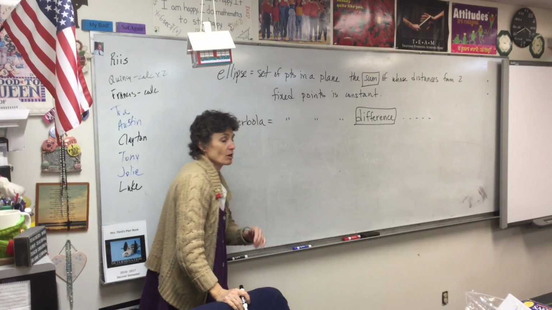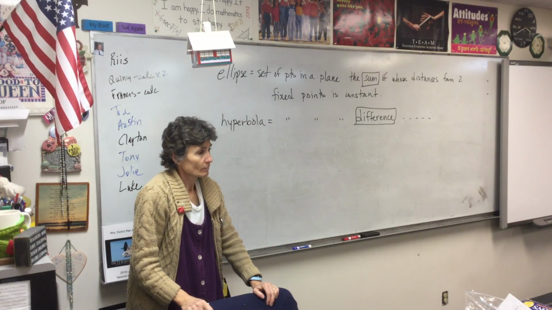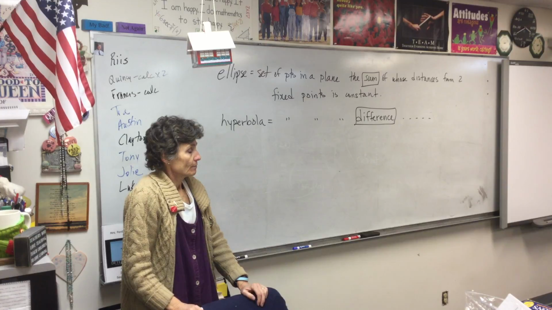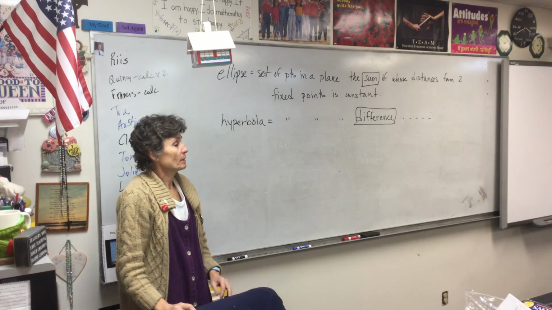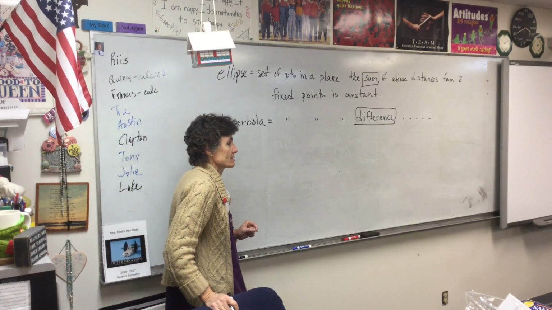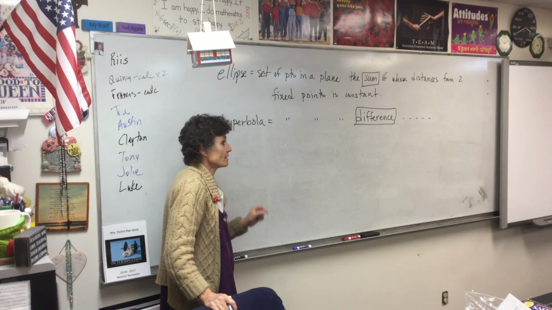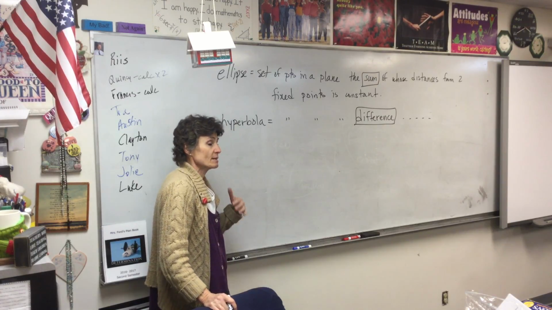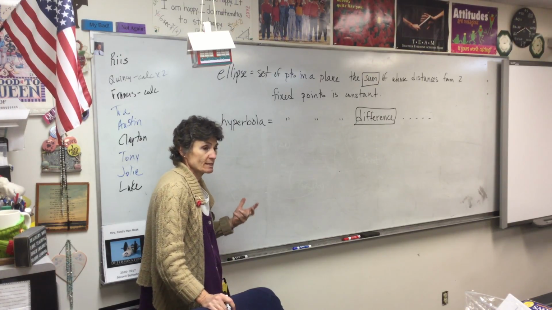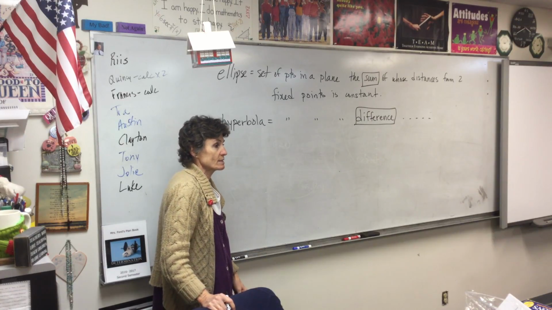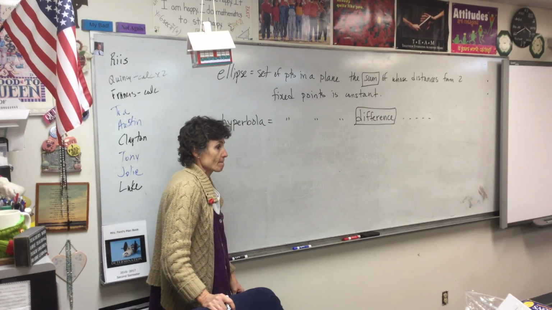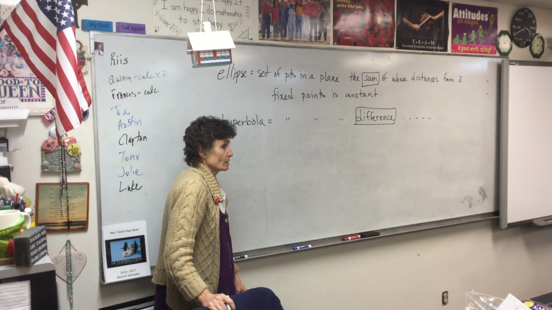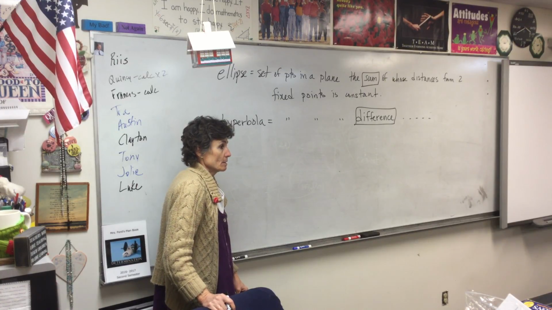Otherwise, the definitions are identical. The ellipse is a set of points in a plane, the sum of whose distances from two fixed points is constant. The hyperbola is the set of points in a plane, the difference of whose distances from two fixed points is constant. Okay?